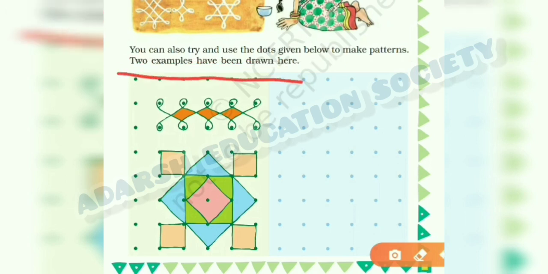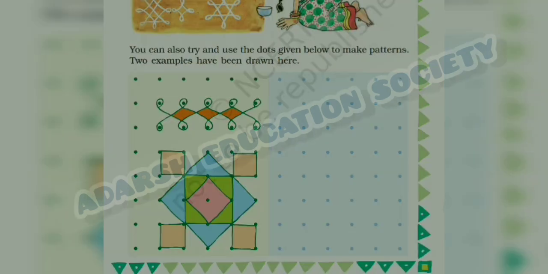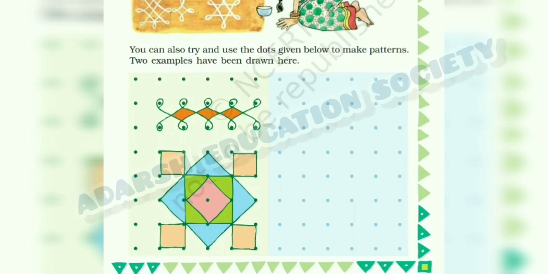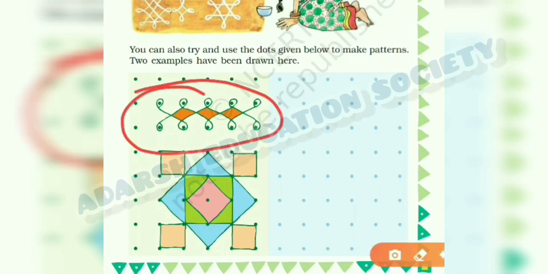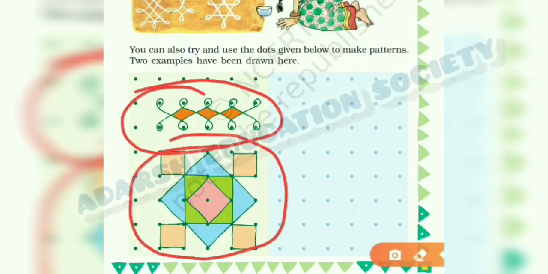Two examples have been drawn here. Different dot patterns are drawn here and they color it also.